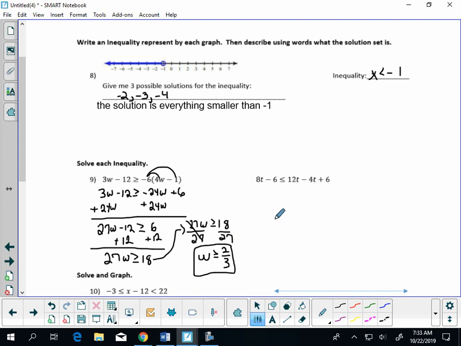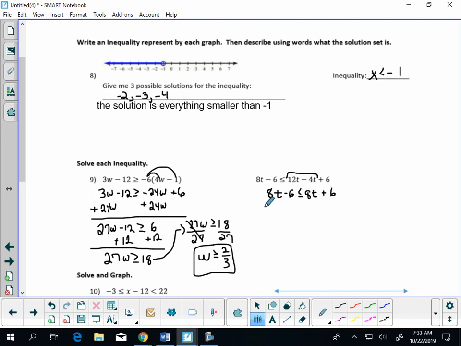Let's go ahead and do the second part over here. I have 8t minus 6 is less than or equal to 12t minus 4t. Well, those can be combined because they're on the same side. So I get 8t minus 6 is less than or equal to 8t plus 6.